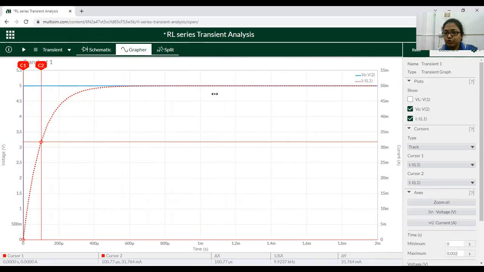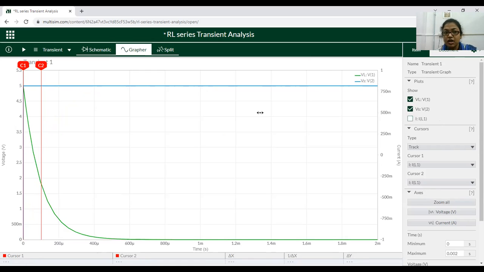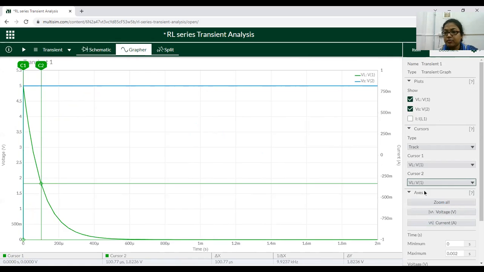You can consider this graph, the growing curve or the current curve. Now you can consider the voltage curve also. So now I am removing the current curve. See, you can see only the voltage curve. For this, as we want to track the voltage curve only, you also have to change the tracking parameter.